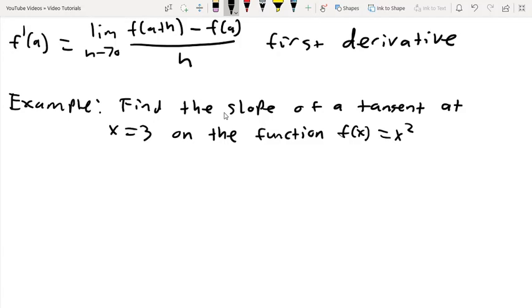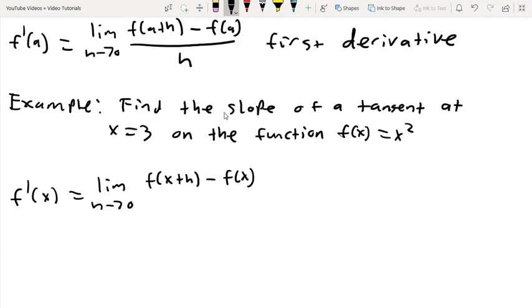So now this is pretty easy because we can use the formula that we derived up here. We can say that f prime 3, well, for now let's keep it f prime x, I'll put 3 in after. F prime x will be equal to the limit as h approaches 0 of f of x plus h minus f of x over top of h. In this case, our function f of x is x squared.